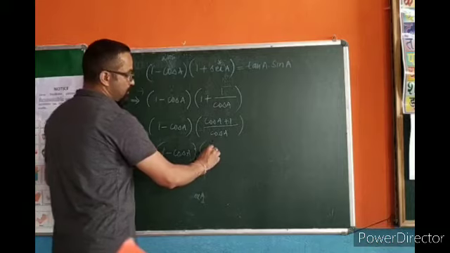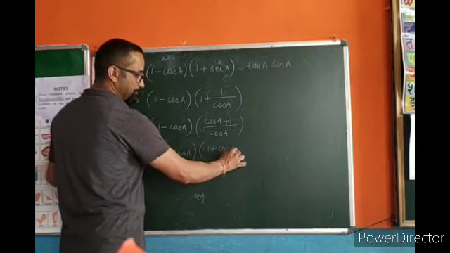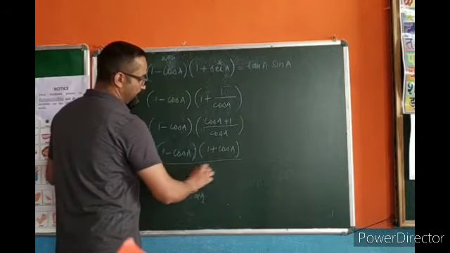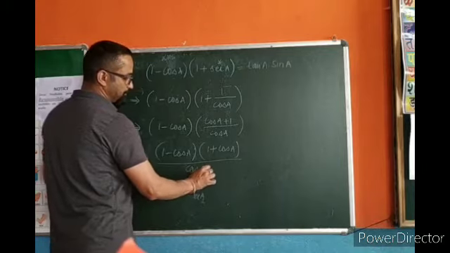Arrange this, 1 plus cos A. Denominator you write cos A.